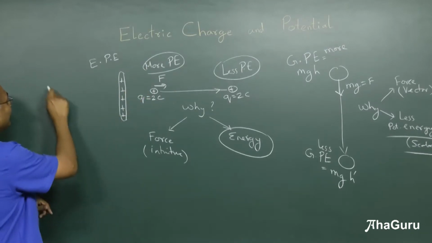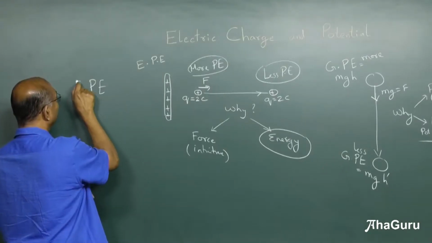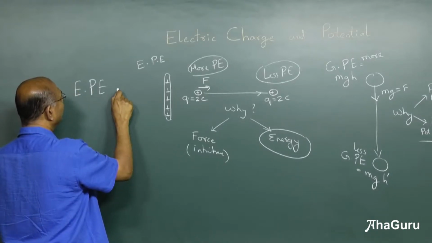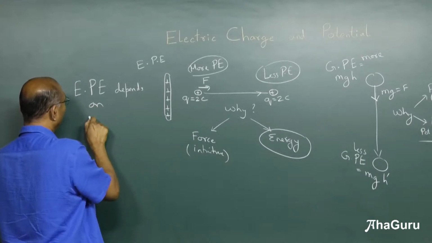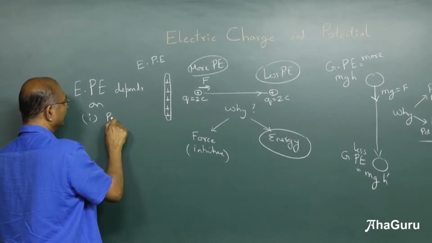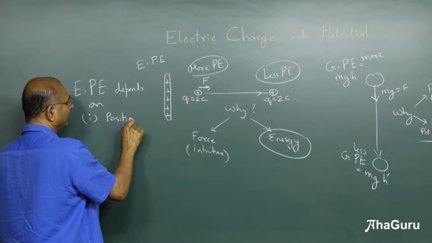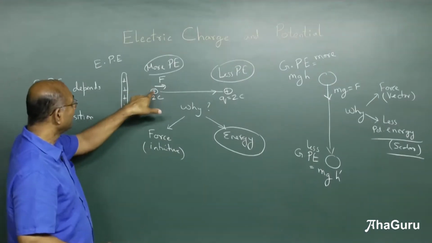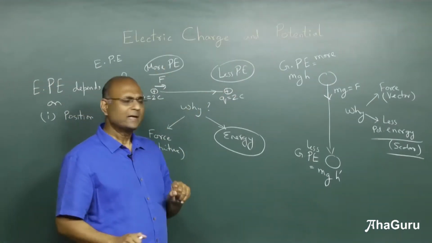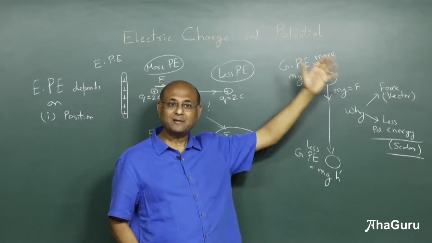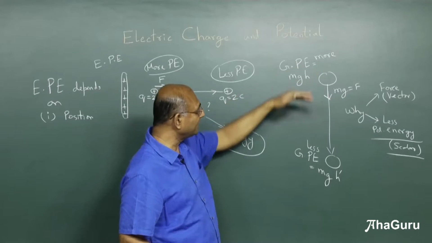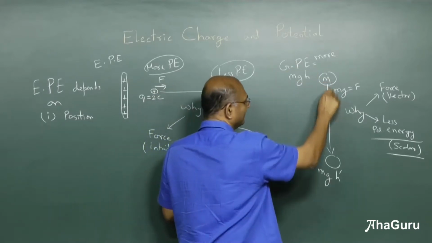So first, very important point, electric potential energy depends on one, position, the location of where the charge is. Here it has more, there it has less. Are you surprised? No, if you think about it, even with gravitational potential energy, this is the same mass, right?